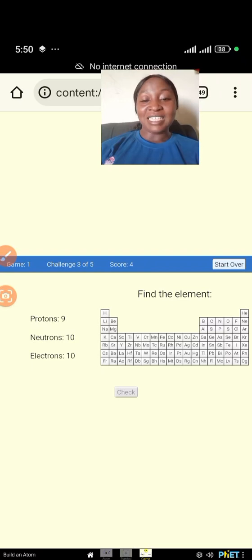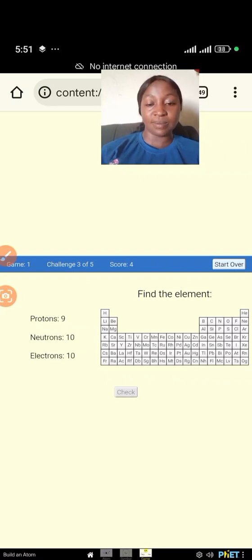So it says find the element. The proton is 9, the neutron is 10, and the electron is 10. If you remember what I told you, if the proton is 9, it means the atomic number is 9, which is fluorine. If the neutron is 10, it means the mass number is going to be 19 because 10 plus 9 would give you 19. Now the electron is also 10. What is it showing you?